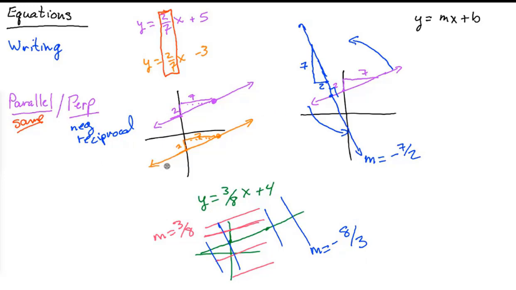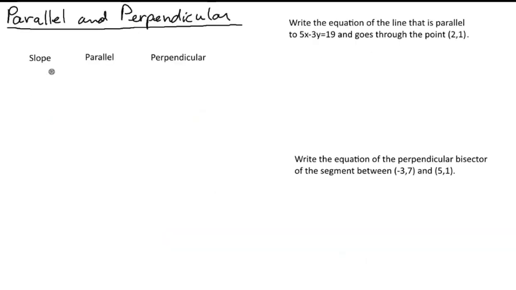Let's see it listed out in a couple of examples. So how does all this look in problems that you're going to see? Parallel and perpendicular: first of all, if you have a slope such as 3/8, you need to be able to tell from that what its parallel slope is, the same thing, and what its perpendicular slope is, negative reciprocal, so -8/3. That's it. Not a lot to know except that is the relationship.